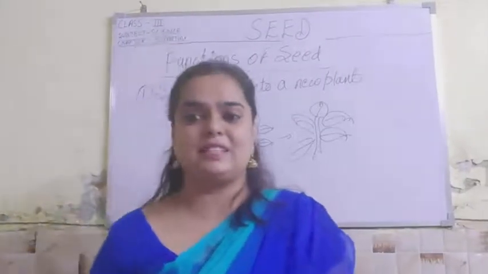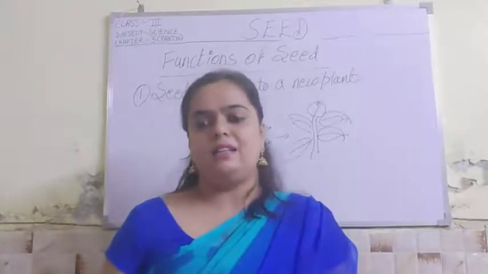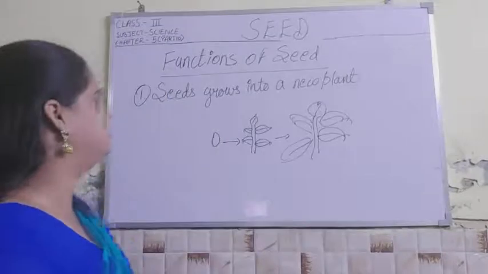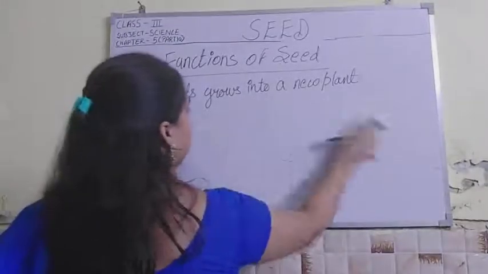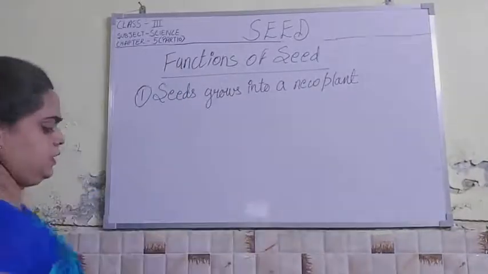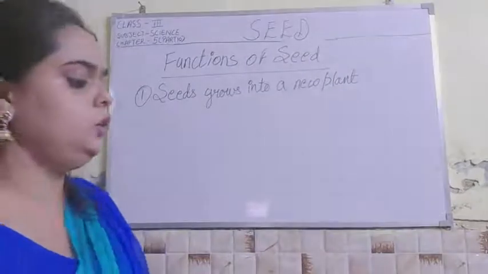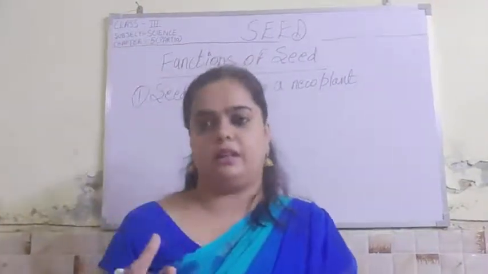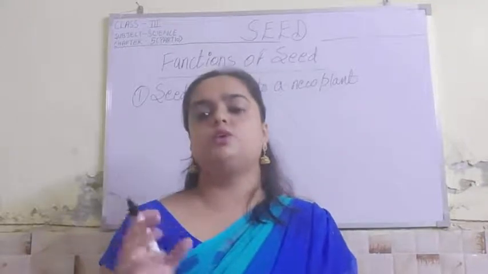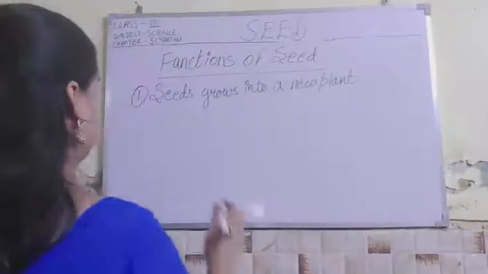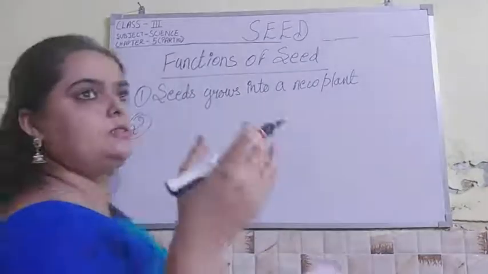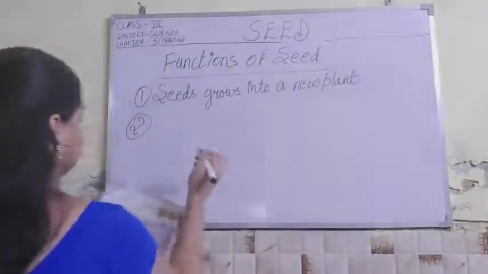It was very exciting. And children, talking about the other function of a seed, we eat the seeds of some plants as food grains. The second function is that there are seeds which are edible.